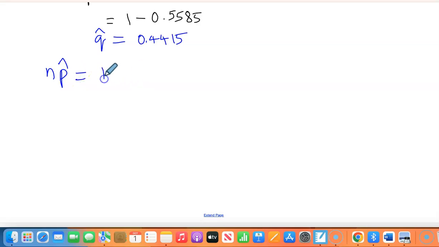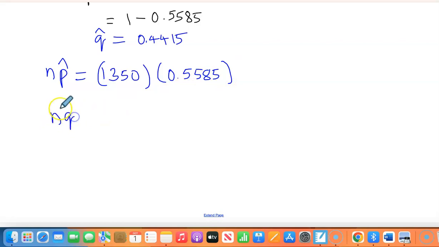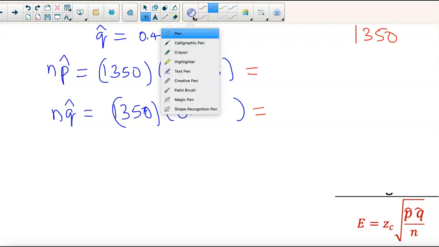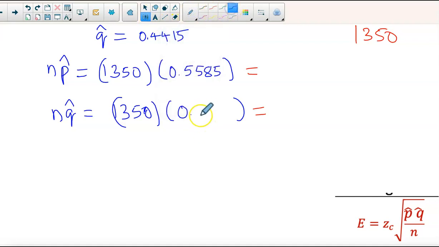N is 1350 times P hat, which is 0.5585. And the second one is N times Q hat. Q hat is 0.4415.